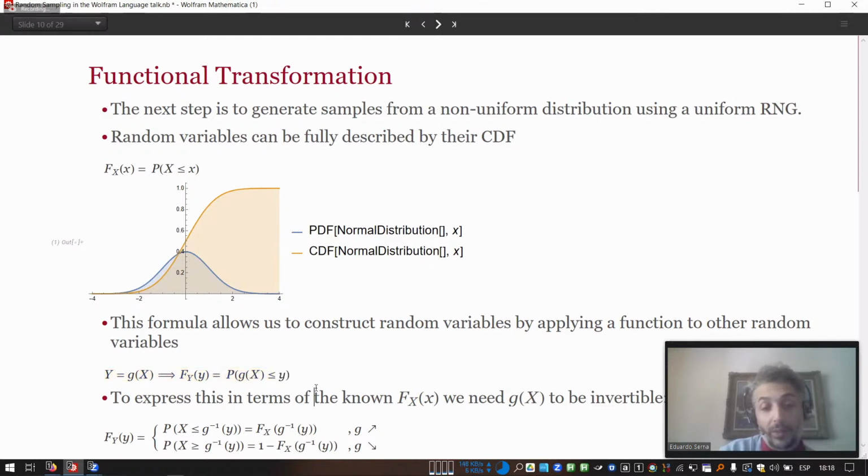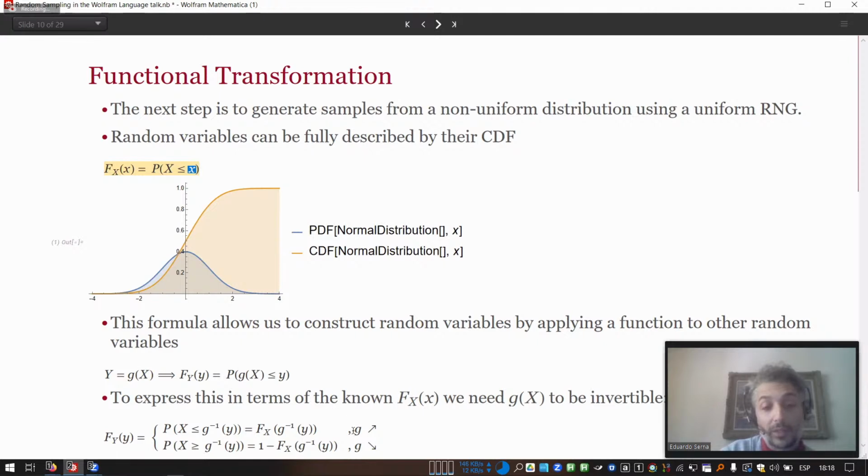To express this in terms of the known CDF of X, we need g to be invertible, because then we can apply the inverse to both sides of the inequality, and we get the random variable X on one side and g minus 1 of y on the other. As we saw, this is the definition of the CDF of X.